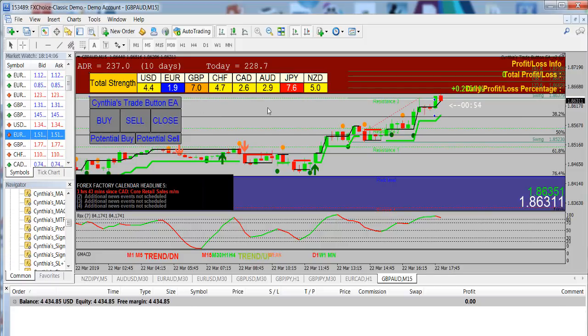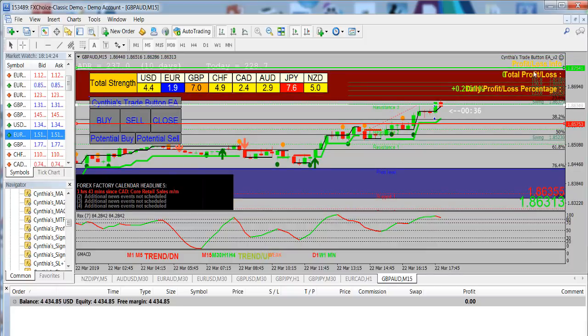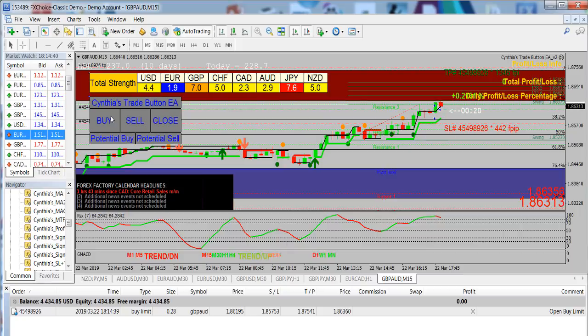This is just an example of teaching you how to use the currency strength meter to analyze your entry and your exits, how to use the trade button for the potential buy. If I had just clicked this potential buy, it would have placed the red, white, and green lines on my chart. That's my setup, but it will not initiate the pending setup until I actually click the buy button.